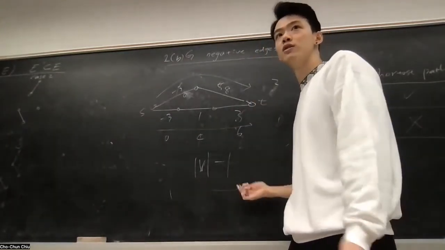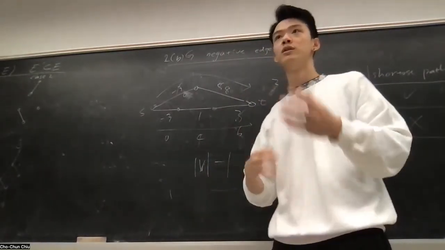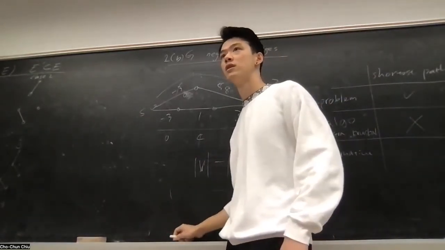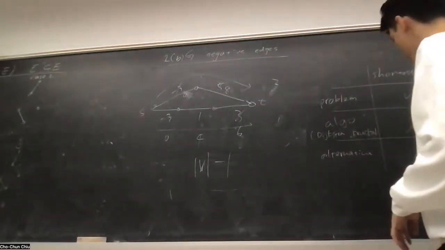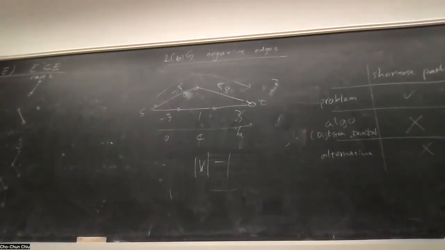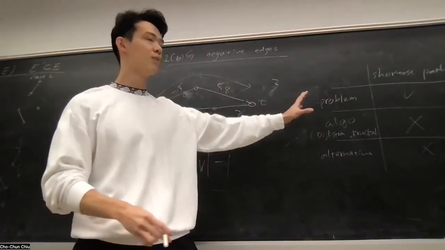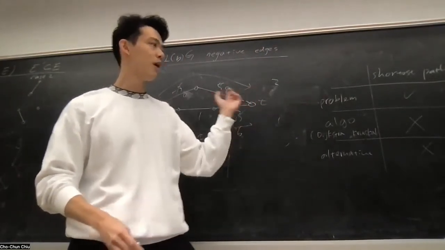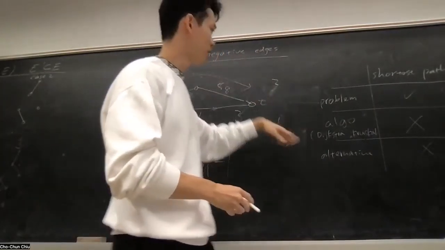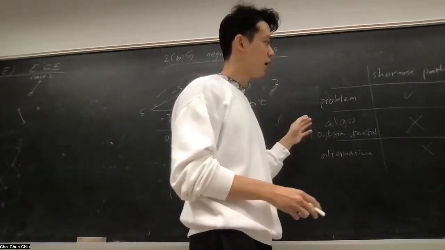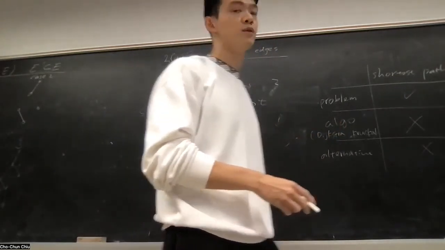That changes nothing. It's just a shift. You have an offset, but that doesn't change the MST. Make sense? Yes. So for this alternative shortest path, no. MST, yes. You can look up the problem itself to think about the negative edges cases, and also think of that from the algorithm perspective or an alternative perspective.